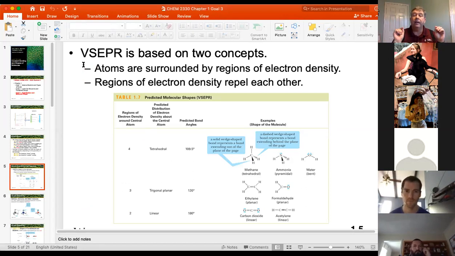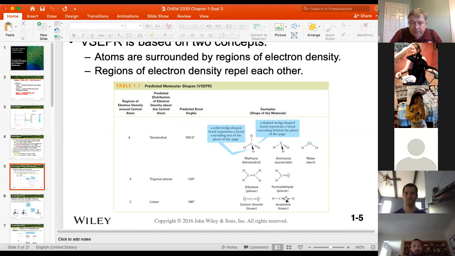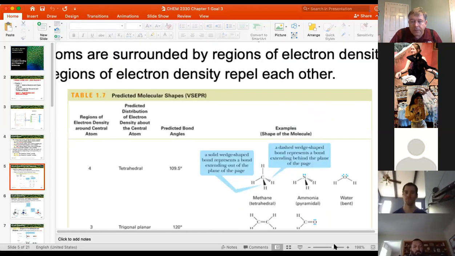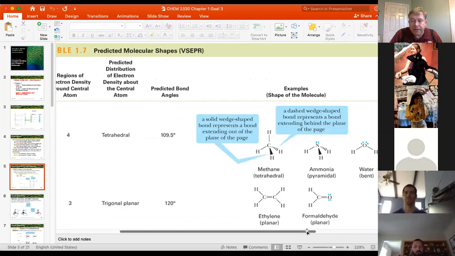And if those electrons are negatively charged, they're going to repel each other, so they're going to try to get as far away from each other as possible. Let me move this up so I can expand on it.